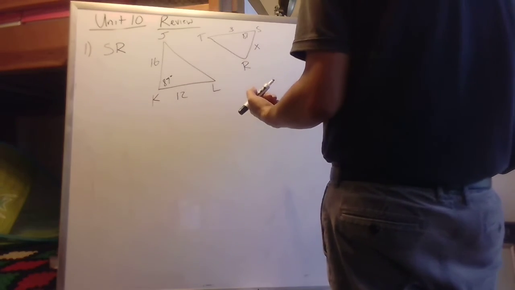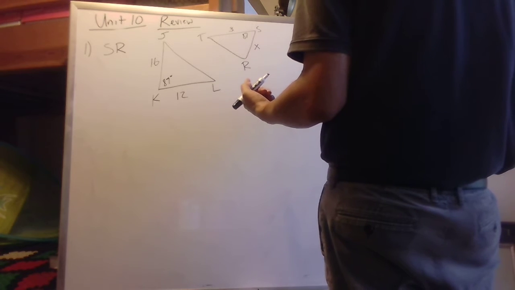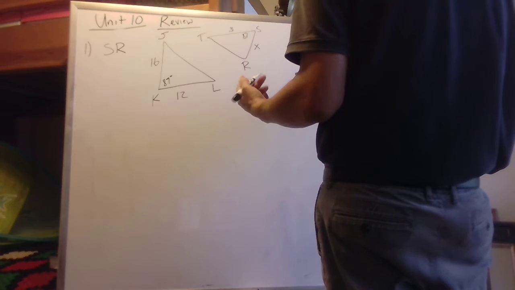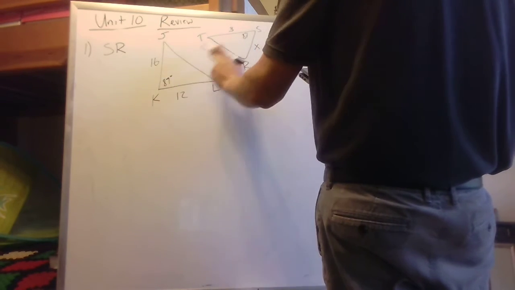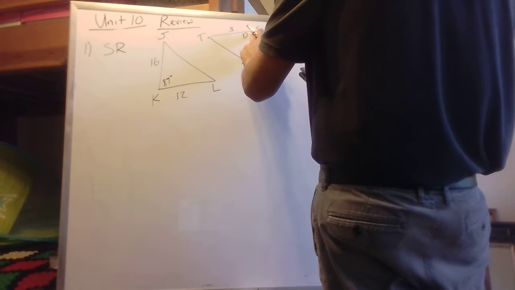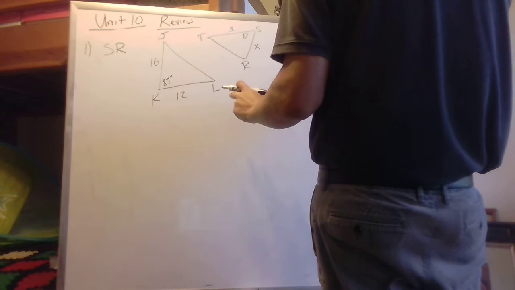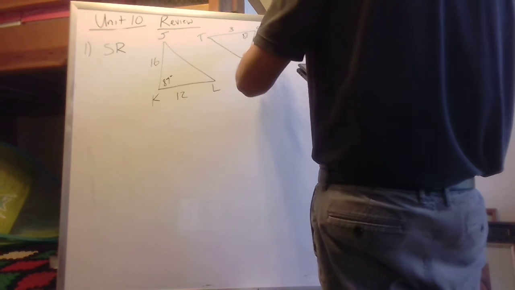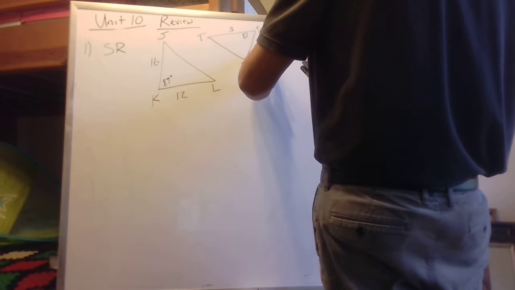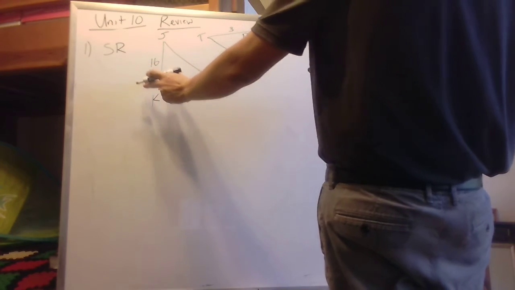So essentially what we're going to do is write down the corresponding sides. So we know that K and S are corresponding, and then we also know that I think SR is the larger side, and it corresponds with KJ.